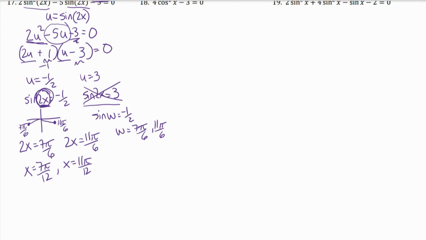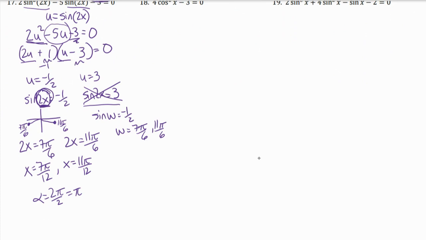Now, here's the thing when you have 2x. That's what makes this one a little bit more complicated. Sine of 2x has a period change. The period of just a regular sine graph is 2 pi. But if you have sine of 2x, the period is 2 pi divided by 2, which is pi. What that means is these sine values will repeat every pi units.